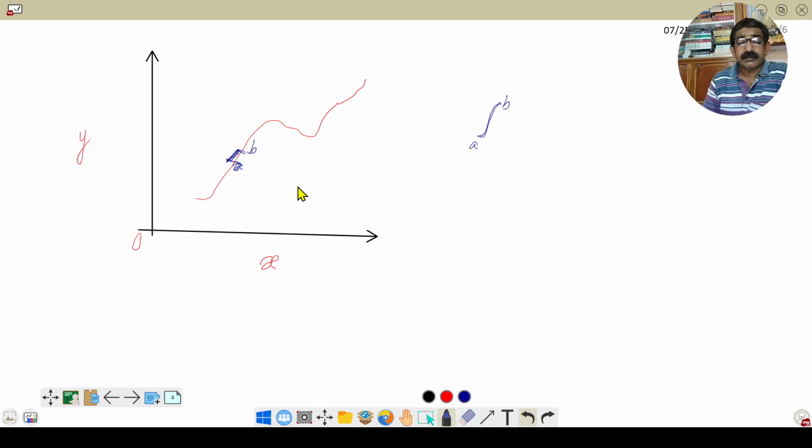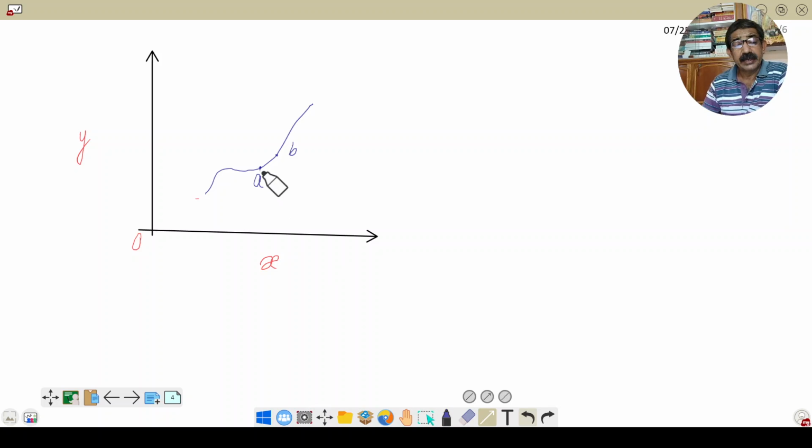Now we are drawing this more clearly for your convenience. We are taking a small part from A to B. This point is A, and this point is B. And from previous conception, you can say x changes from this point to this point.